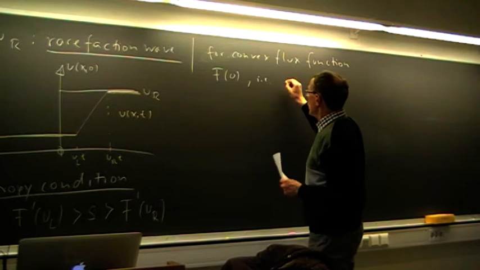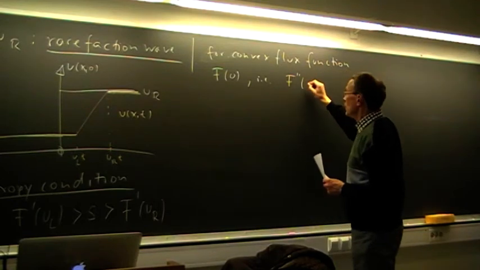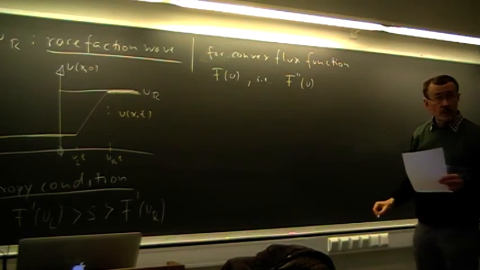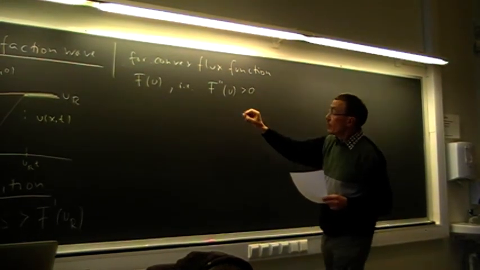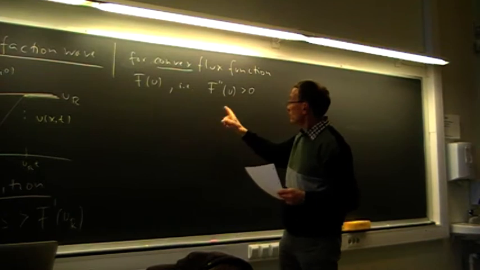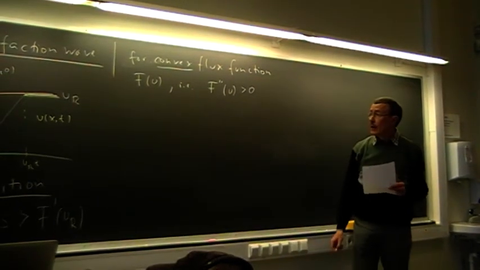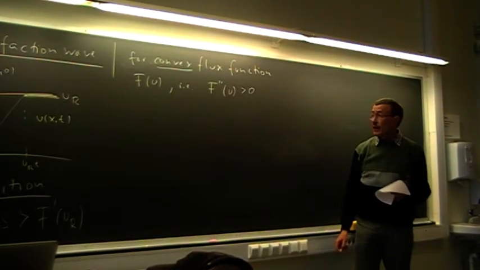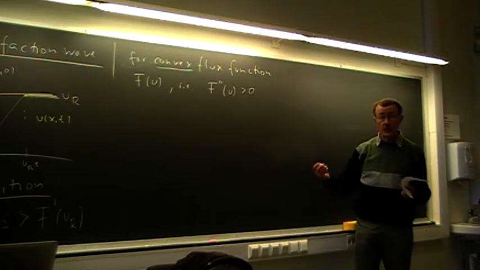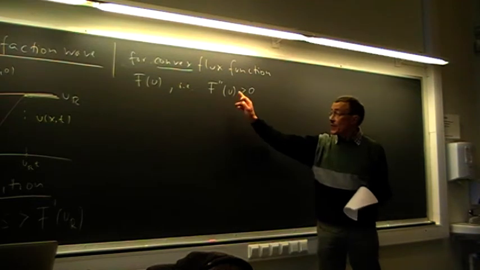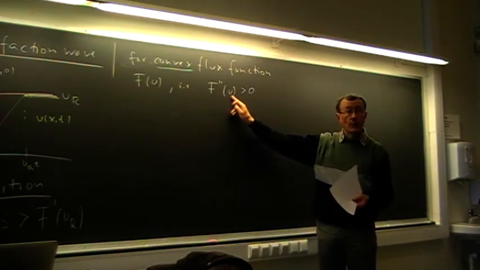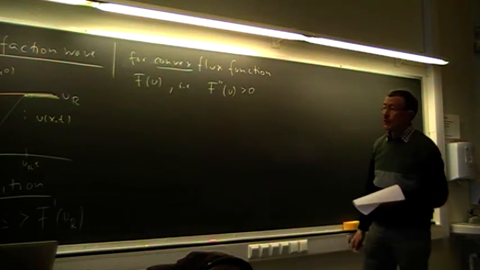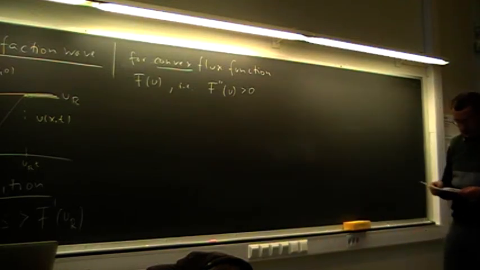That means that the second derivative of f with respect to u must be larger than 0. That is the thing that I just want to add here. In our case, we have the inviscid Burgers equation. The f is u squared over 2. The first derivative is the characteristic speed, which is u, and the second derivative is 1. So clearly we have a convex flux function for the inviscid Burgers equation.